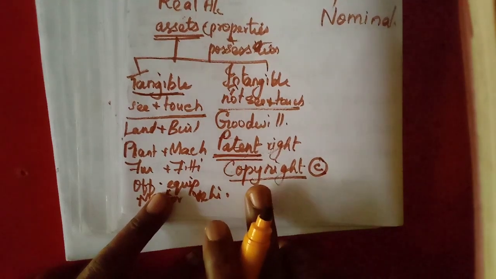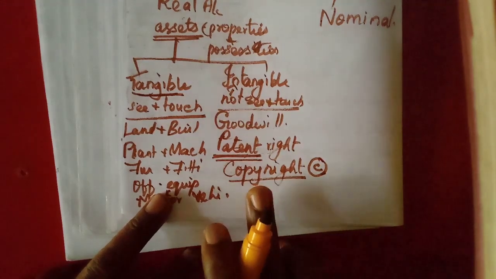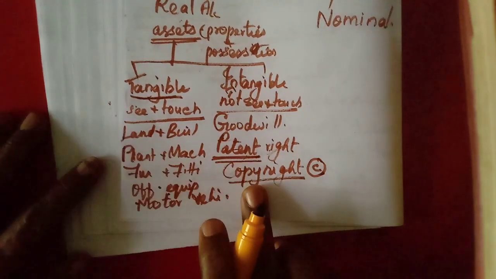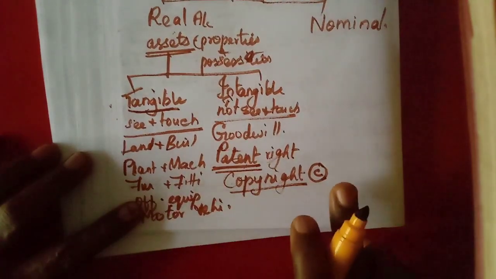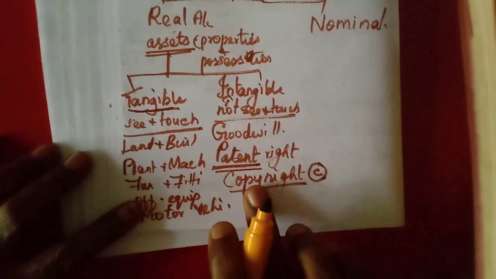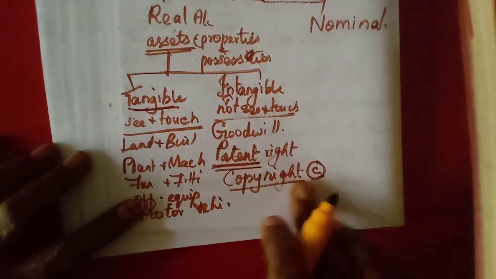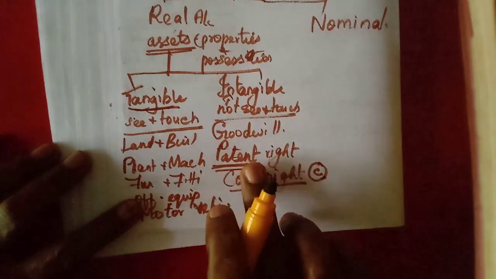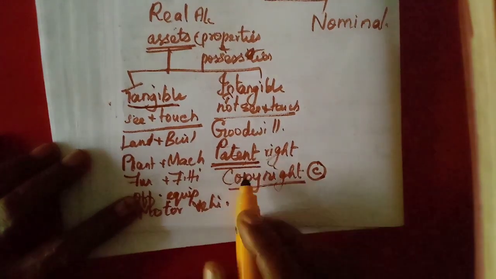It will be given to your publishers. The publishers will pay a large sum to the person who has written the book, so that right will be with the publishers, the press people. That is called copyright, related to the book. Patent right is related to inventions and discoveries.